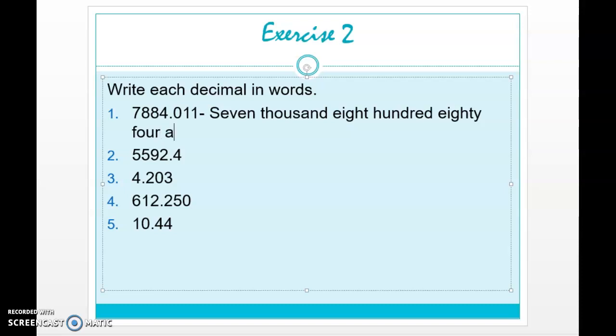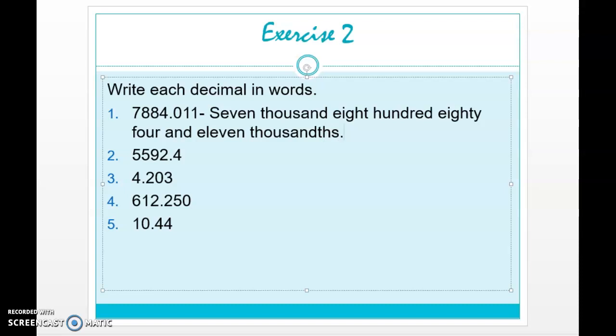So, 7,884 and we have 11, and how many place values are after the point? There are 1, 2, 3, so 11 thousandths. And that's how we write decimals in both figures and in words.